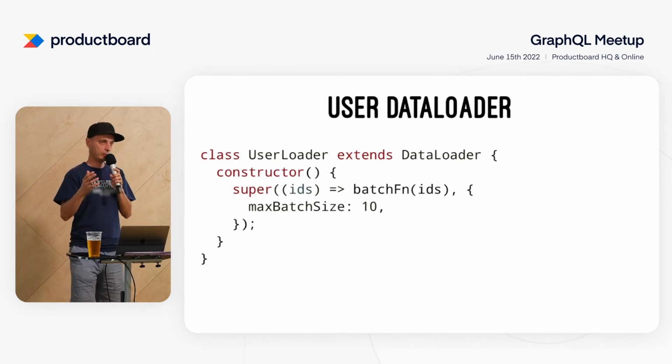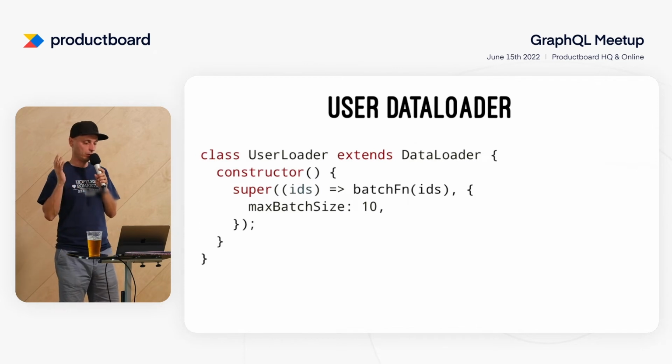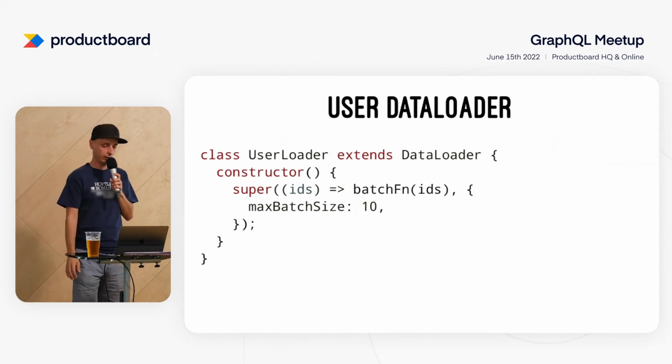Data loader automatically splits all your API calls to a certain size, does these chunks for you, and the batch function still works the same. So that way, it's a nice separation of concerns. You don't need to put extra logic in your batch function. It still does the same thing. It receives a couple of IDs, resolves them, and that's it.